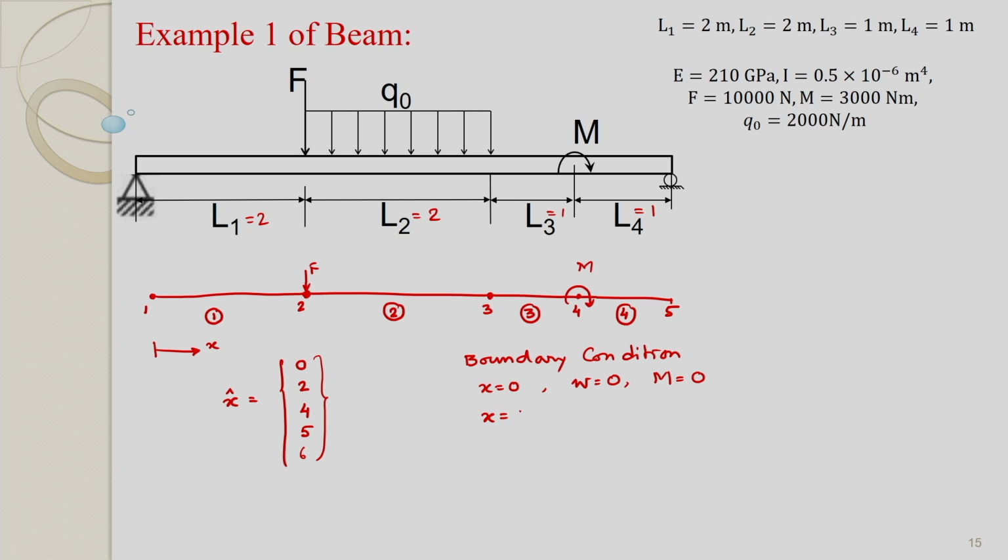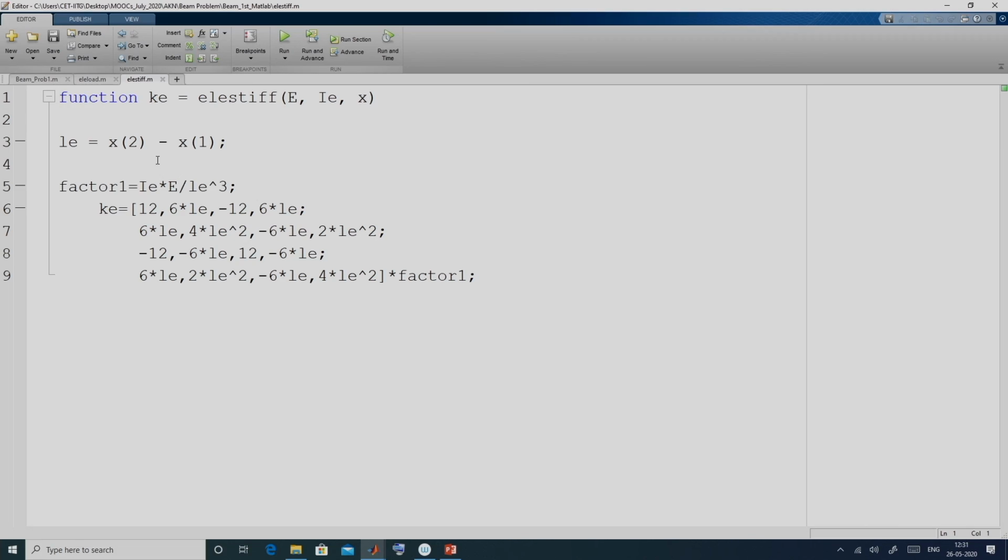Similarly, at x equal to 6, we have the same boundary condition. We will explain implementation of beam formulation in Matlab through this example. Now, let us see the Matlab functions.